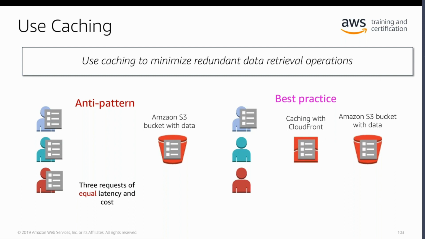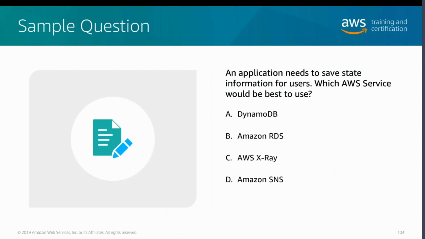But that gets pulled into CloudFront and gets cached there. And subsequent users at that point are pulling the cached version out of CloudFront itself. And that's going to help optimize that particular retrieval operation and reduce the time it takes to retrieve that and reduce the overall latency for subsequent access. So use caching wherever possible in your applications themselves.